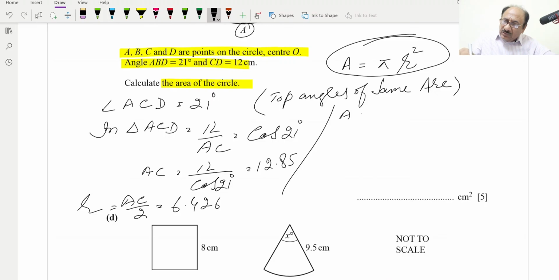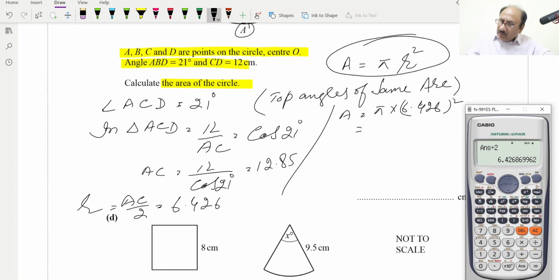So area will be equal to pi into 6.426 squared, and we calculate this one: pi times answer squared.